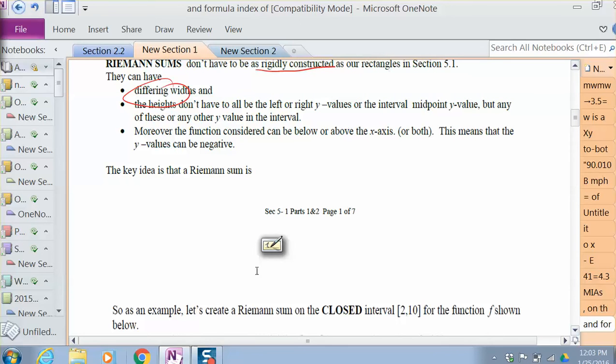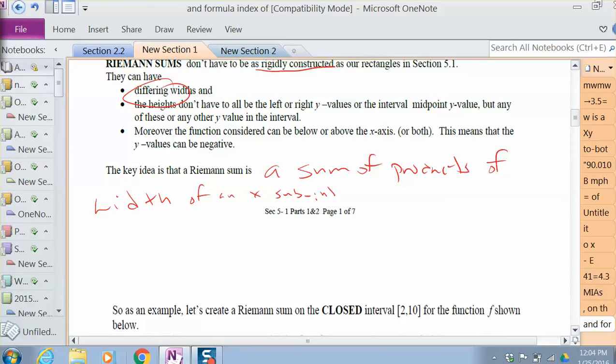So the key idea is that the Riemann sum is basically a sum of products of the width of an x sub-interval, meaning that we're taking some sort of interval and then breaking up the sub-intervals, times, emphasize the word times, we're multiplying, a y value in that interval.